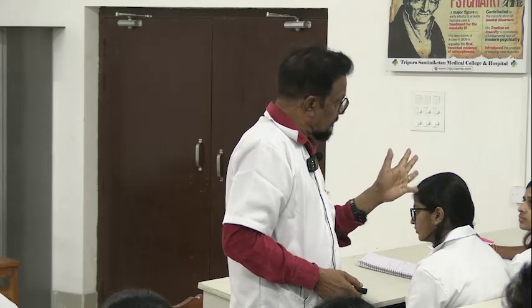Okay. So intrinsic path, let us first start with intrinsic. Can you follow? Intrinsic path, what is the first factor? It will initiate its reactions. For initiation, it will look for one thing. What is this?